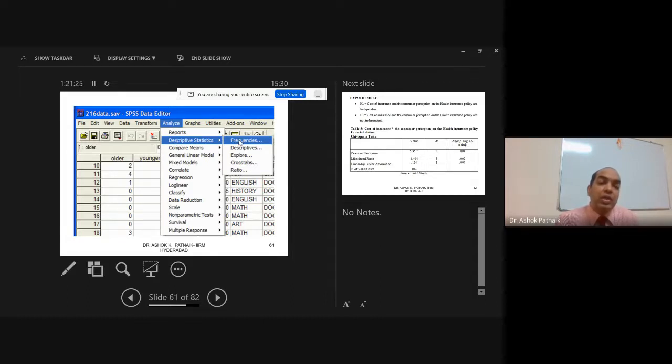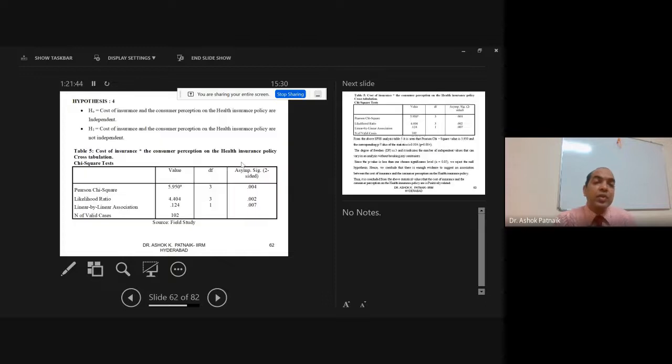Here you can choose the tools which you want to select. It will give you various options: frequencies, descriptive, explore, crosstabs, ratios. When you do that, you can easily generate some statistical tables by using this SPSS software.